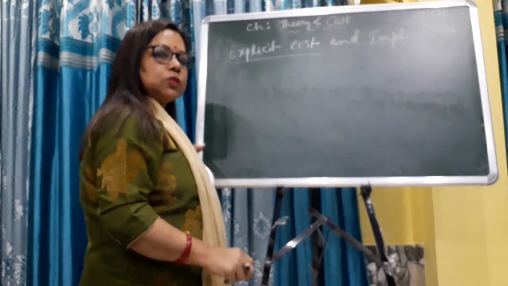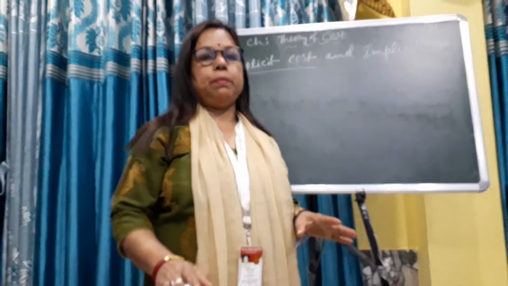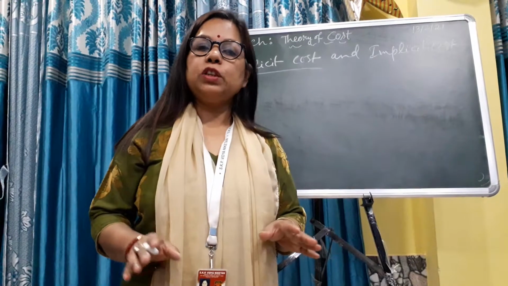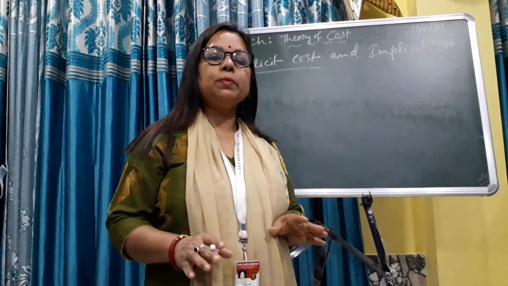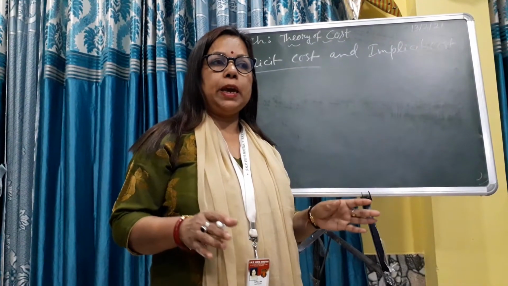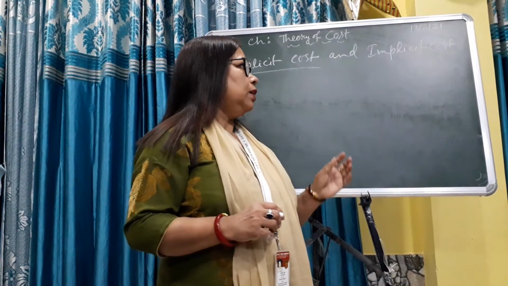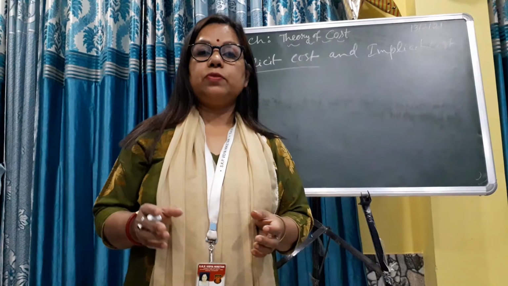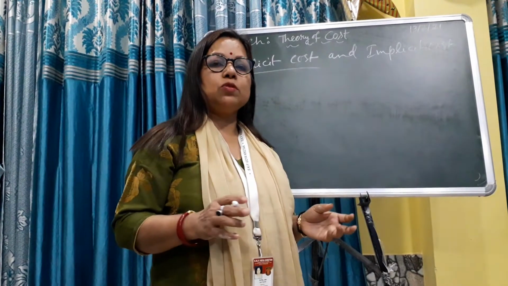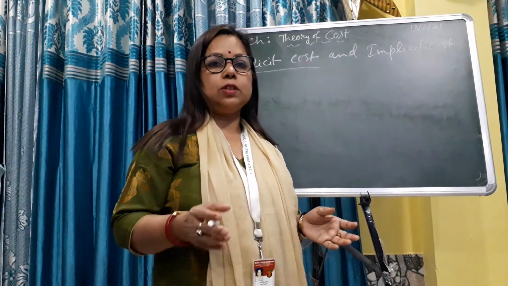What is explicit cost? Explicit cost is the actual payment made to the factors of production. Actual payment means that we pay the salary of labor, and we pay the rent for the land. So this is known as the explicit cost.